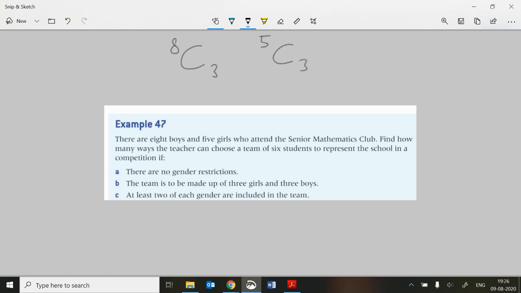Because in mathematics, when I say 3 from 8 and 3 from 5, in combinations, permutations, and also in probability, when I say and, I mean times. When I say or, I mean plus. In some courses, that's called the or rule and the and rule. So that's going to be your answer there.